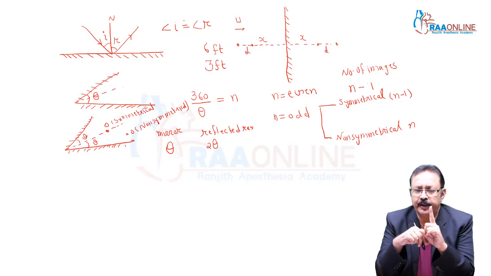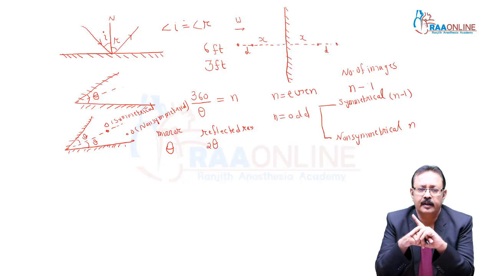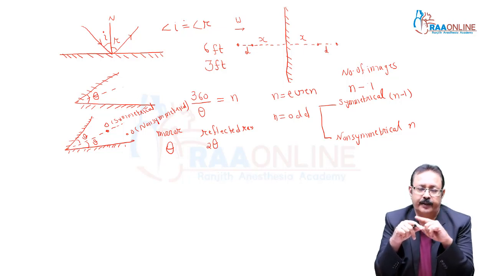If you want to see a complete image of yourself, you need a mirror whose length should be half of your length, and this length is independent of the position of the eye.